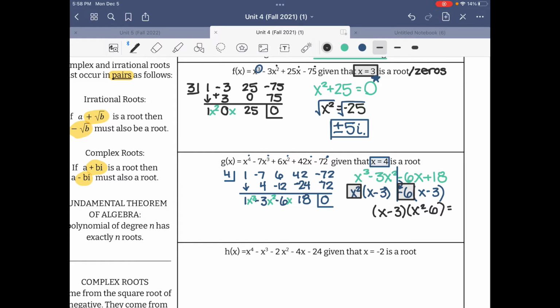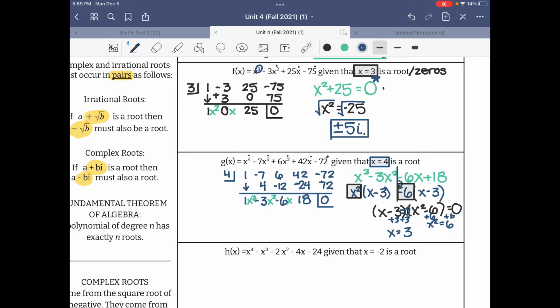Now I need to set each of these equal to 0 so that I can find the rest of them, just like I did up here at the top with the x squared plus 25. If I wanted to solve this first one equals 0, I would just add the 3 to the other side, and 0 plus 3 would be 3. If I do the same thing on the other one, x squared would equal 6.